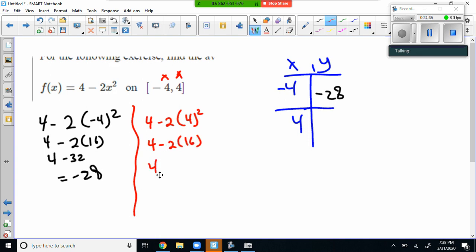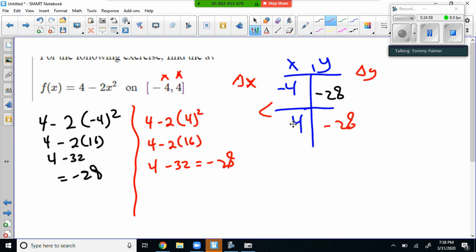Yep. Ooh, that's the same thing, right? Yeah. So what would be the rate of change on this? Well, that would be from negative 4. If you look at that as changing x, that's changing y.